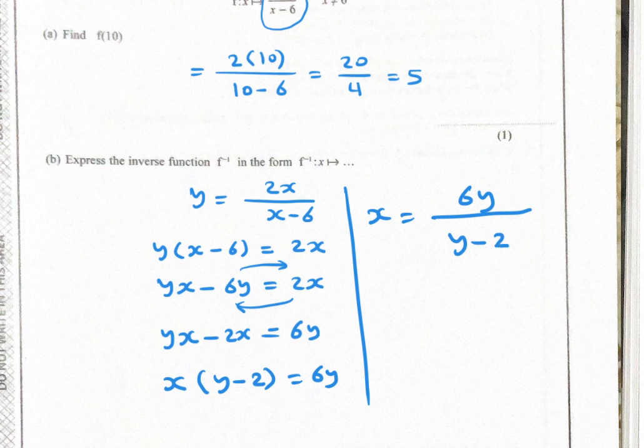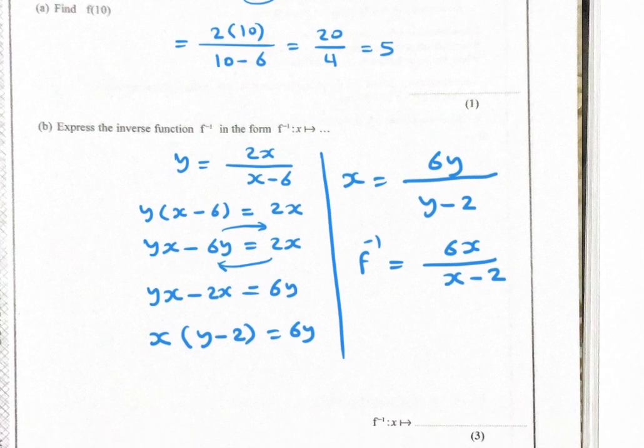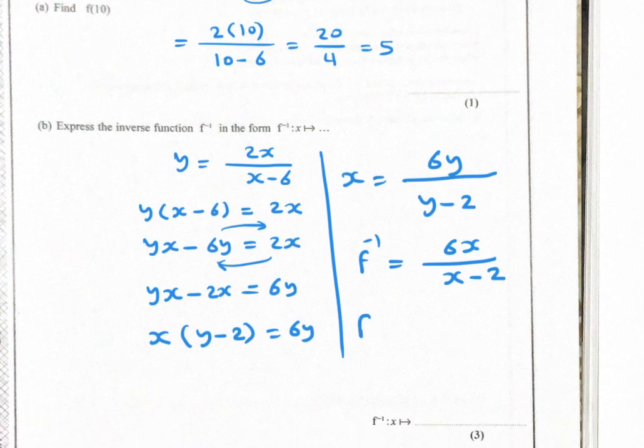Now switch between x and y, so the inverse equals 6x over x minus 2. This is the same as f negative 1 function from x to 6x over x minus 2.